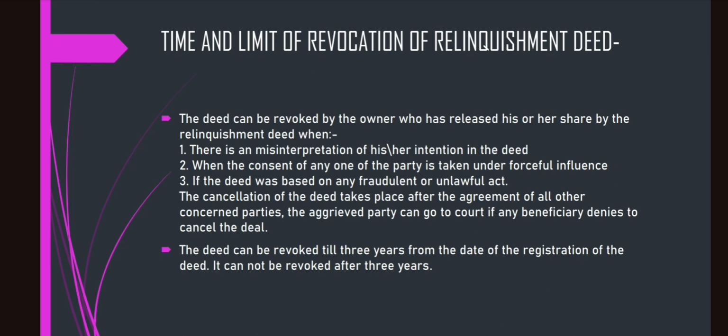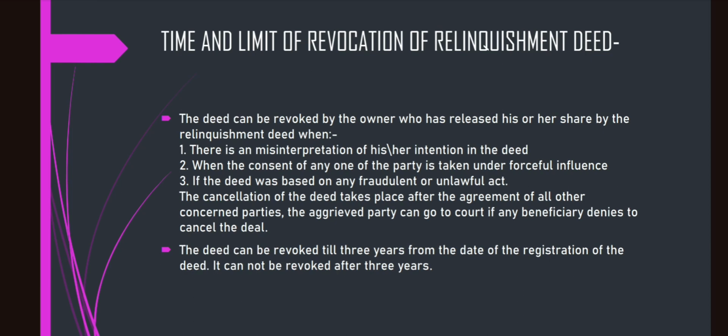The cancellation of the deed takes place after agreement of all the concerned parties. That is, all the parties involved in the deed should agree that this deed is supposed to be cancelled. If any of the beneficiaries does not agree to cancel the deed, the aggrieved party can go to the court.